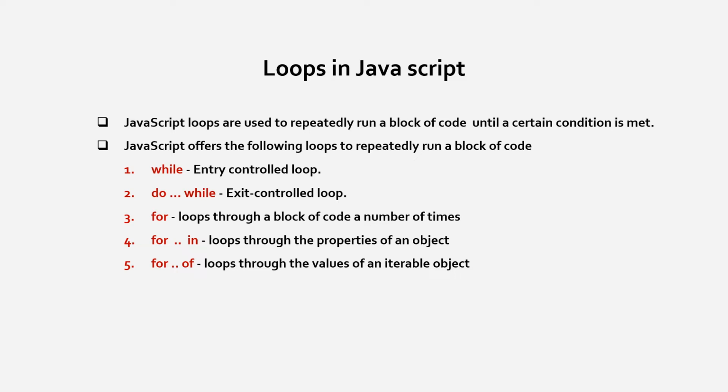The do loop will execute at least once, and only after that will it check the condition. For loop is another type of loop, where the initialization, condition checking and increment or decrement steps are specified in the loop itself. For-in loop is used to loop through the properties of an object. For-of loops through the values of an iterable object.